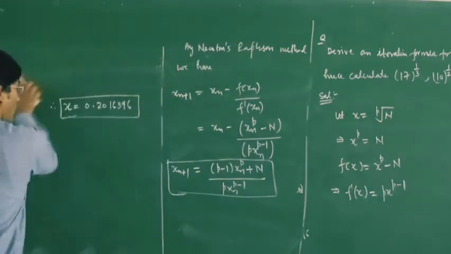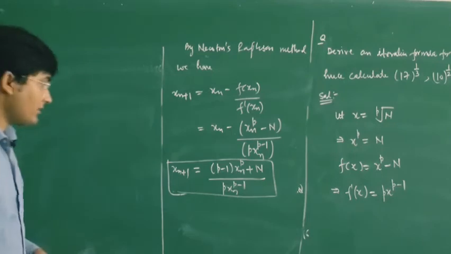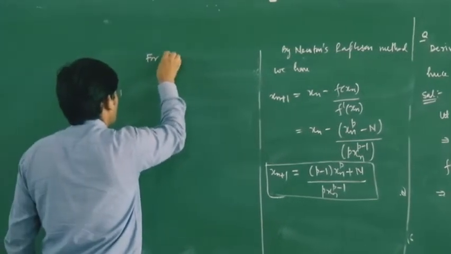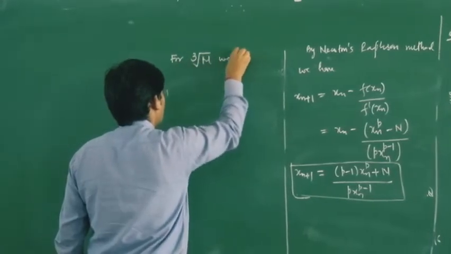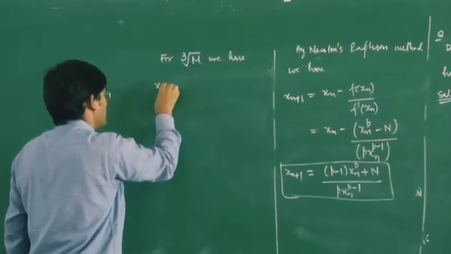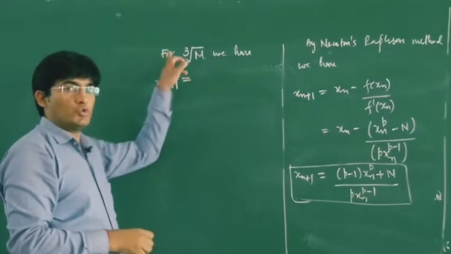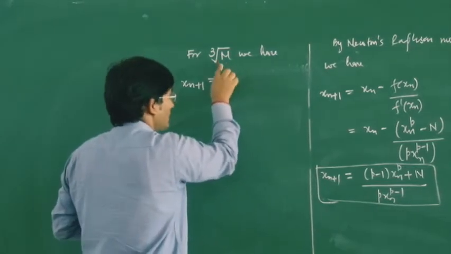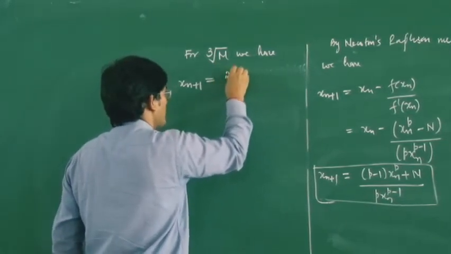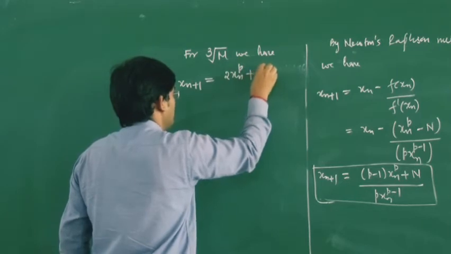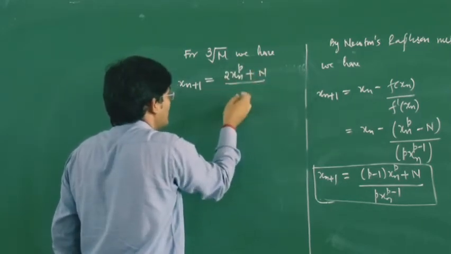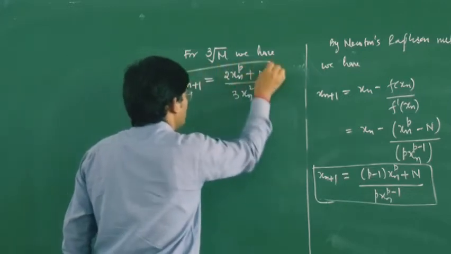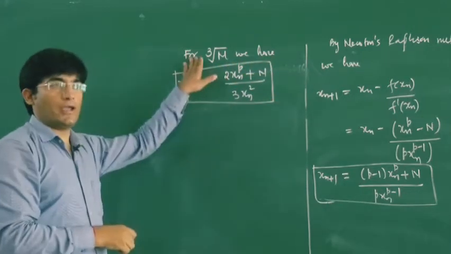Now for the cube root of a number n, we will have x_(n+1) equal to 2 x_n^p plus n divided by p, which is 3, so we will have 3 x_n square. So this is an iteration formula for the cube root of n.